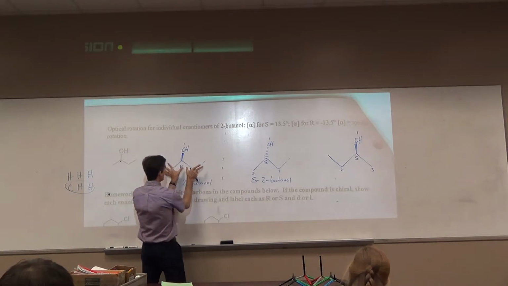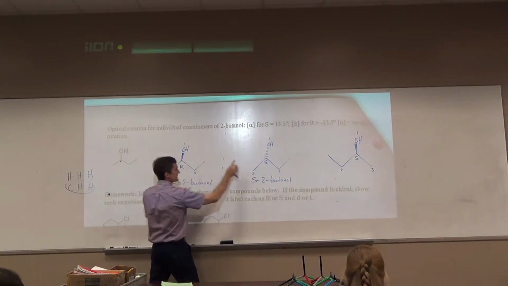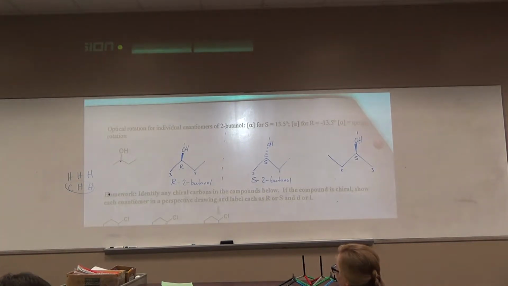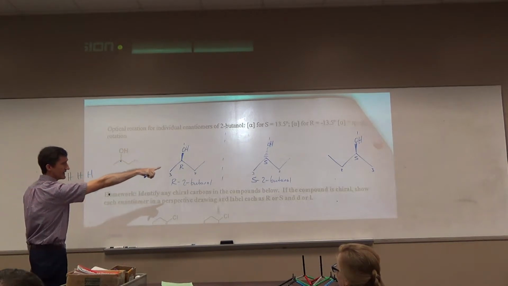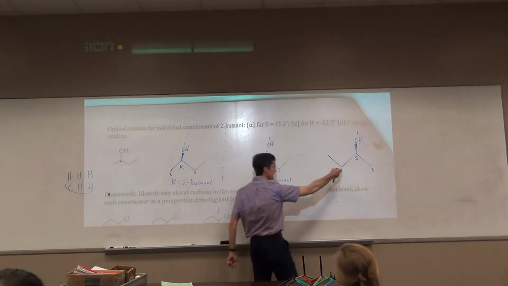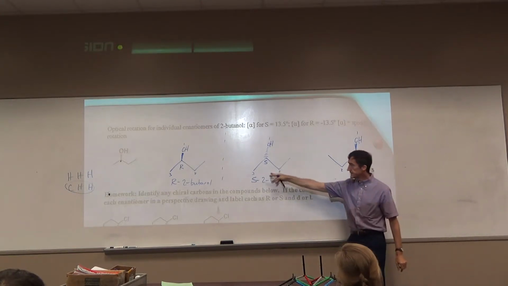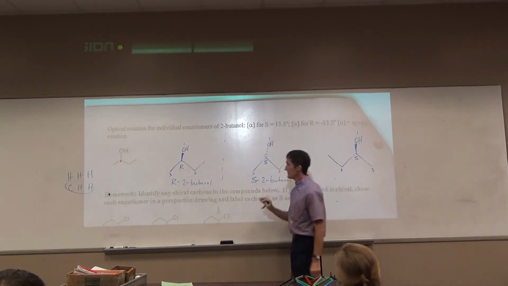Okay? I still have the same backbone, I just switch the projection. That will give you the other configuration. If it's chiral, that will switch you from R to S or vice versa. Just switch it from bold to dash or vice versa. So from now on, I will never draw things like this and actually say, hey, look, it's a mirror image. I'll draw it like this, and we know that it's a mirror image.